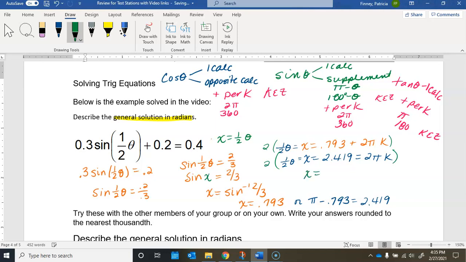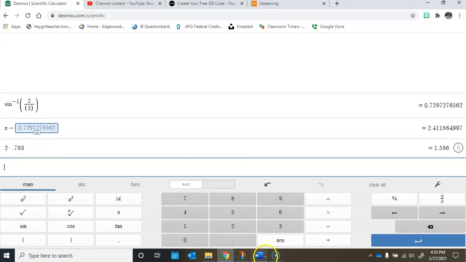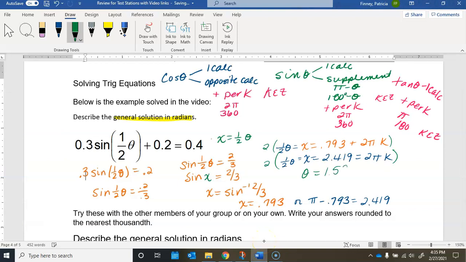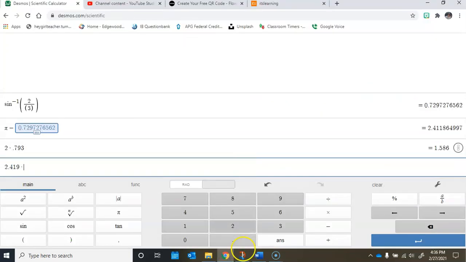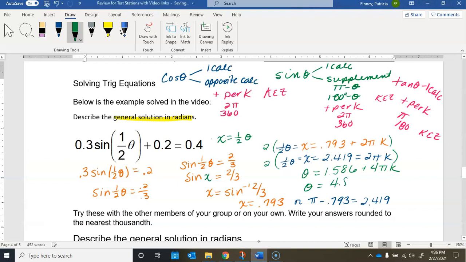So theta equals 2 times 0.793, which is 1.586, plus 4 pi k, and then 2.419 times 2, which is 4.838, plus 4 pi k, and k is an integer. Okay?